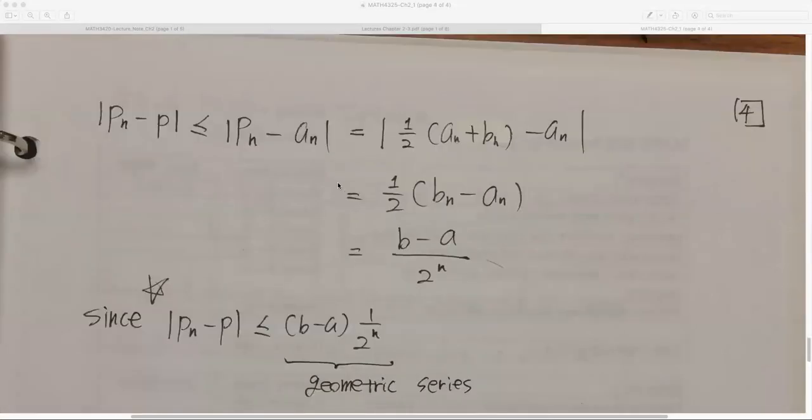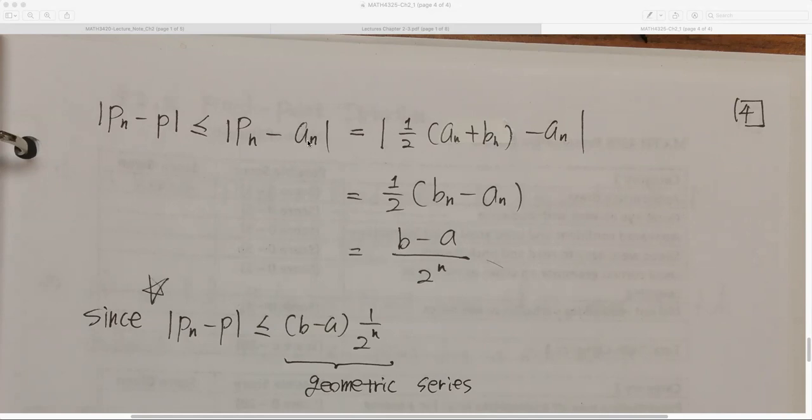So now we're going to calculate this absolute value error. The absolute value of p minus pn is less than or equal to pn minus an. Why? I told you. Since p is greater than an, pn minus an is always less than p.